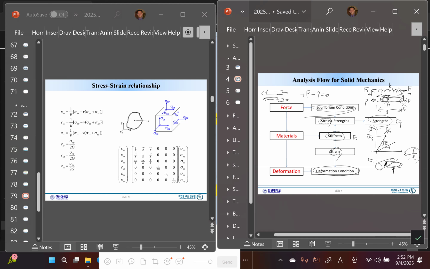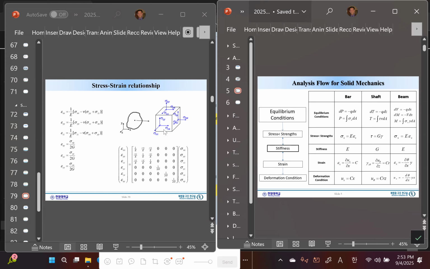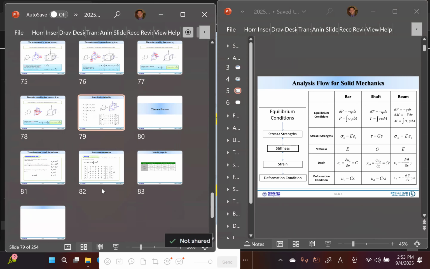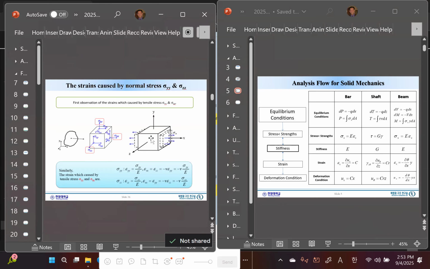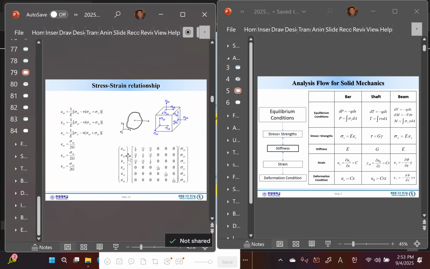Stress and strain are different, but this is how we relate stress and strain. Now we come up with 6 or 9 stresses. There should be some symmetry, so we only have 6, I mean 6 stresses and 6 strains, and we have some relations. This is how we describe a material property.